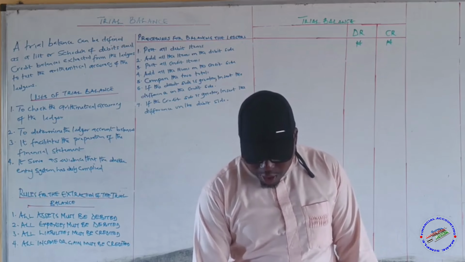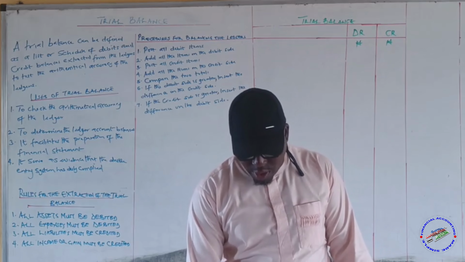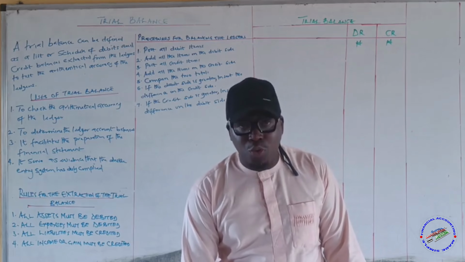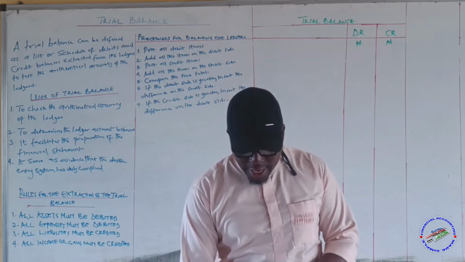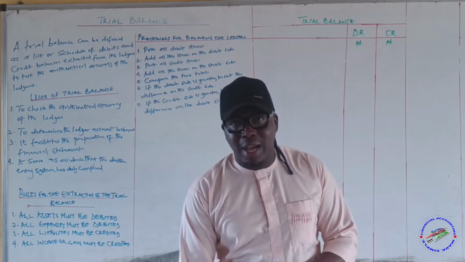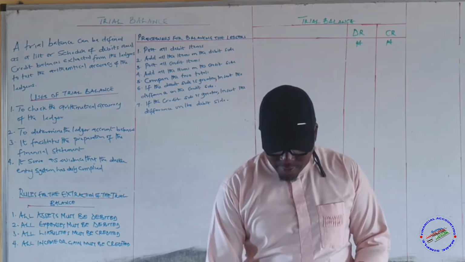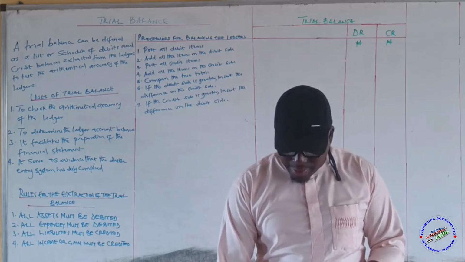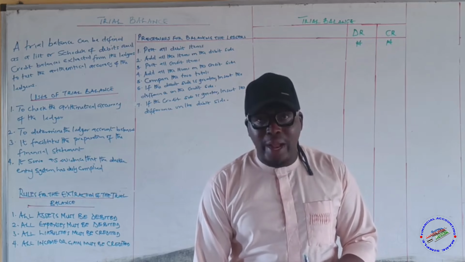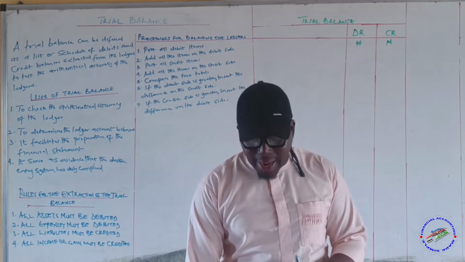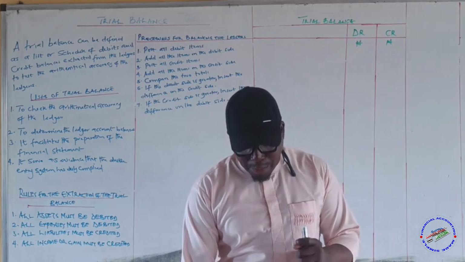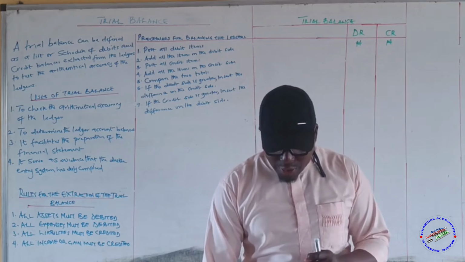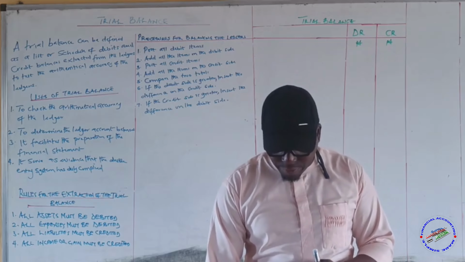In the books of Sanwo-Olu, for the year ended 31st December 2025, the following items were given and we are expected to extract the trial balance. Purchases, 11,874.